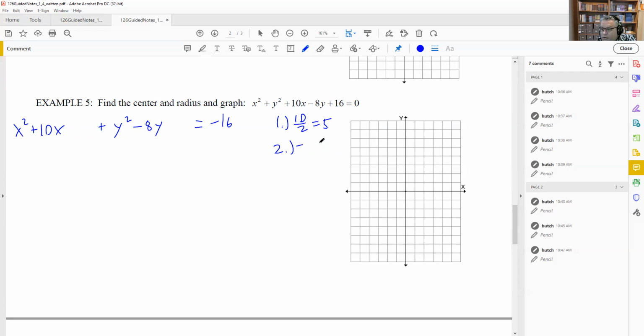Sorry about that, I'm doing two things at once here. Step 1, you take 10 divided by 2 is 5, and then you have to square it to get 25. So 25 is what you'll add to both sides. I'll do that in a second here. Let's do the complete the square steps for the -8. So -8 divided by 2, we get -4, and -4 squared gives you 16.